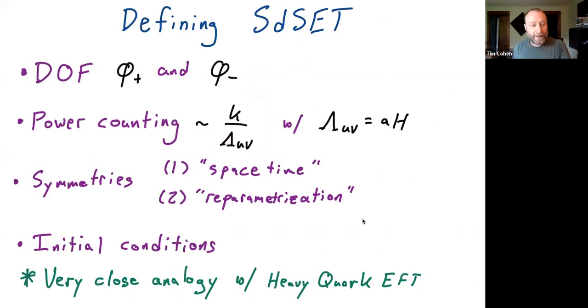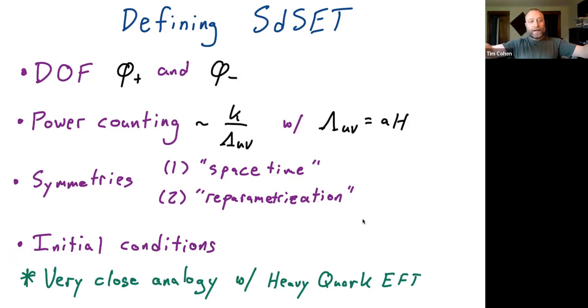So it's a K over AH expansion. We have symmetries. So we have space-time symmetries, and we have a reparameterization invariance that comes from basically the ability to redefine varphi plus and varphi minus. And a new feature in this effective theory is you have to specify the initial conditions for the correlators of these fields at the horizon.